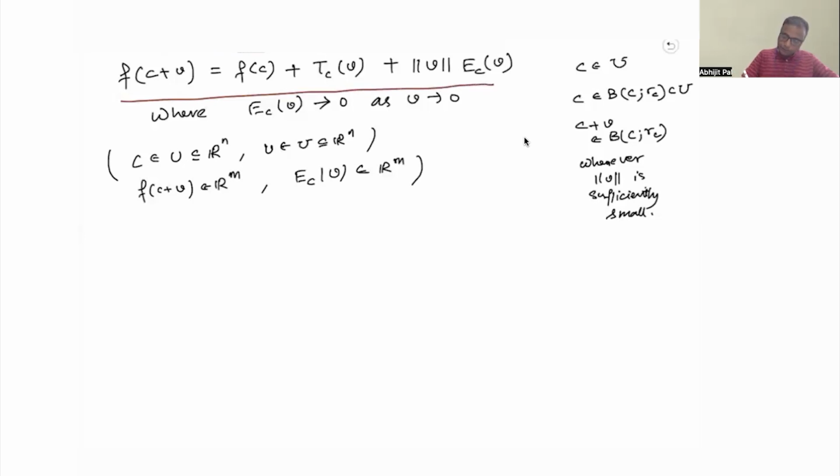Okay, so this is very important. This equation, star, is called the first order Taylor's formula.